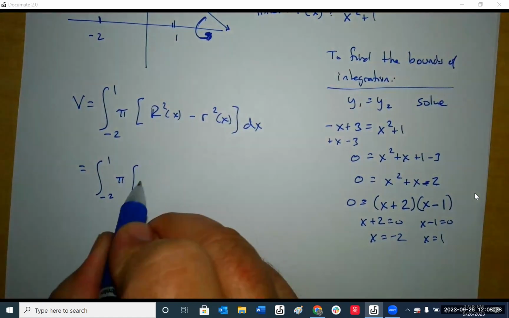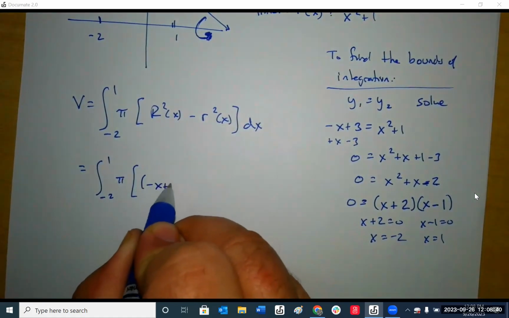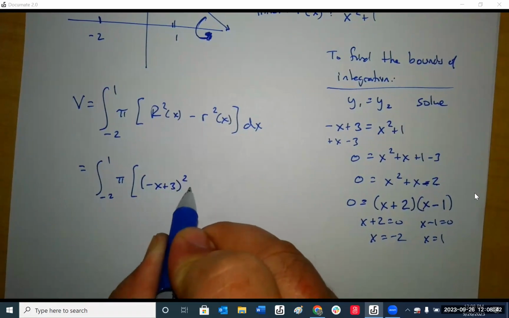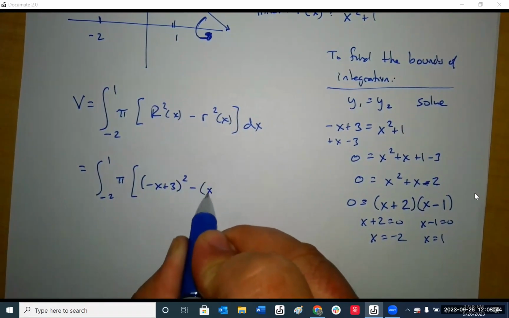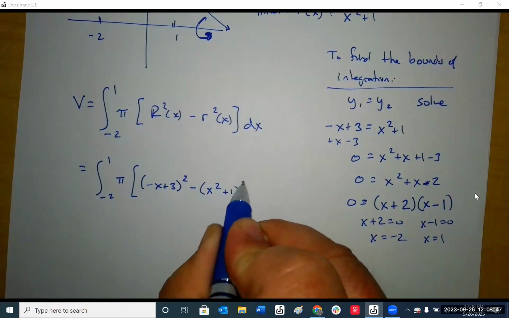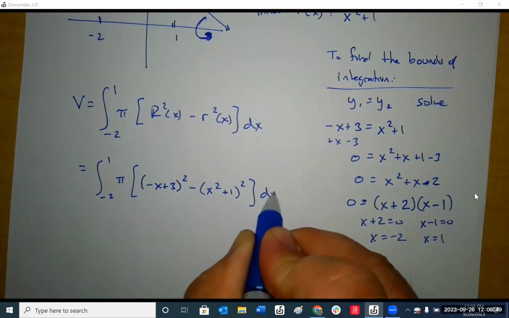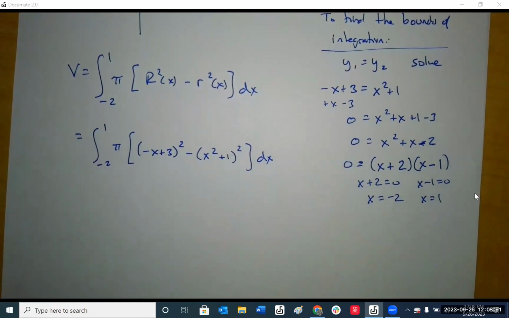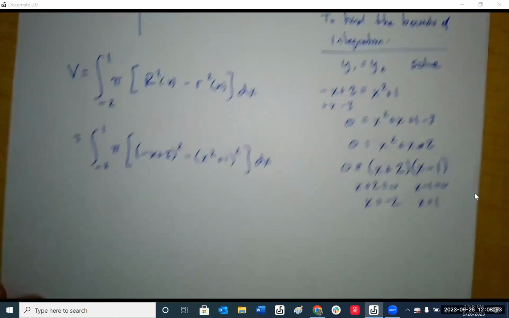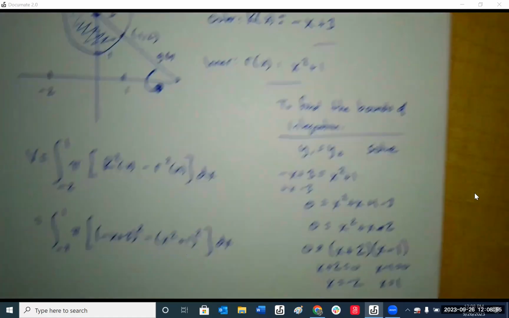So large R was negative x plus 3, squared, minus x squared plus 1, squared, dx. I got those from what we had up here.